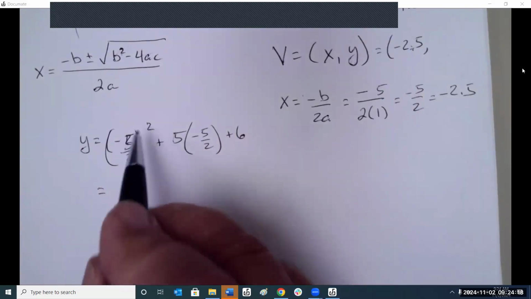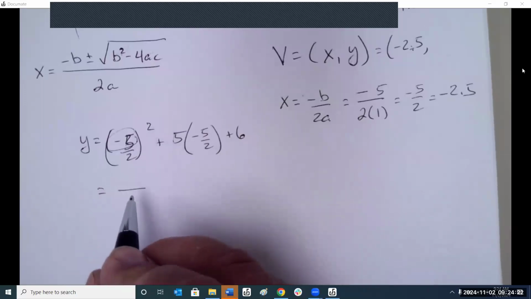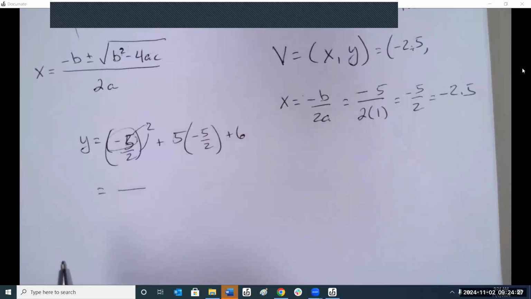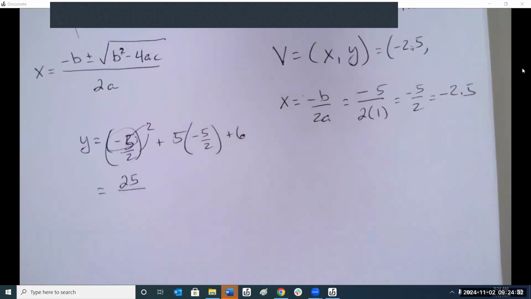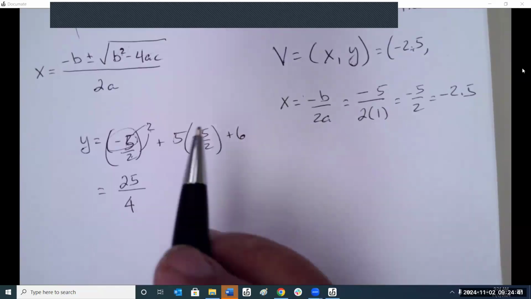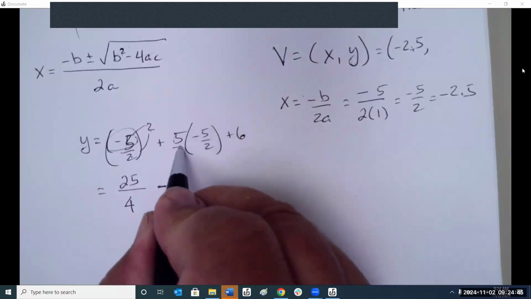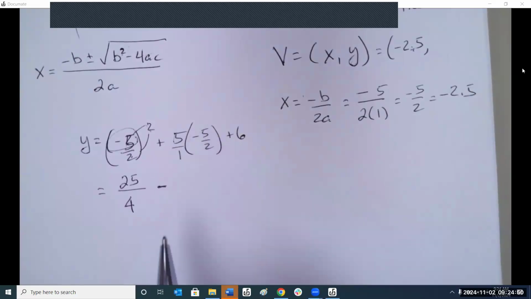So -5/2 squared. -5 squared is what? I square both of these numbers. So -5 times -5 is? I heard 25. 2 squared is 4. Next one is positive times negative is negative. Can anything cancel in this one, top and bottom?